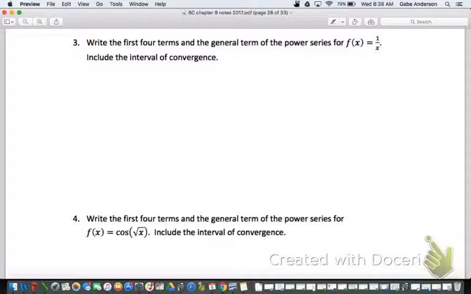Okay, so the idea here is, once again, we've got this function we're supposed to write a power series for, and we are supposed to recognize that this is really similar, at least somewhat similar, to a series that we already know. So once again, this is the geometric series. It's the only one that we have that involves this fractional idea, like 1 over x, 1 over 1 minus x.